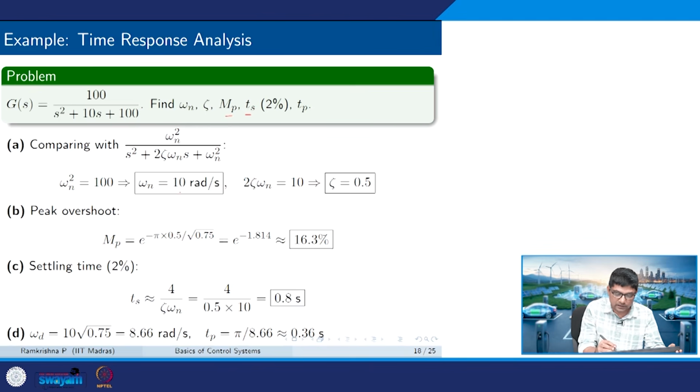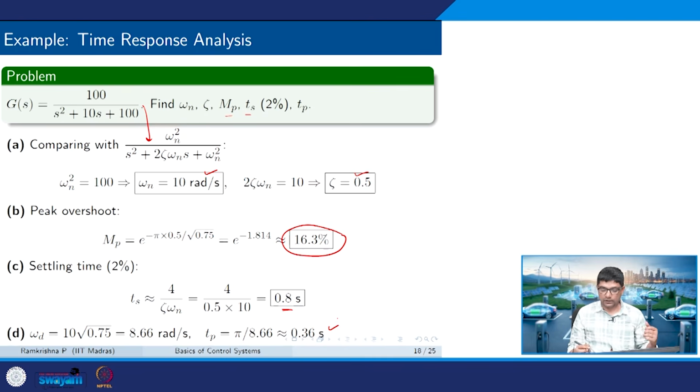So, based on this structure, say I just compare this and this, my omega n will be 10, zeta will be 0.5, and for zeta being 0.5, I experience an overshoot of 16.3%, a settling time of 0.8 seconds and a peak time of 0.36 seconds. Again, the response will be very similar to this, where the overshoot will just be about 16%.